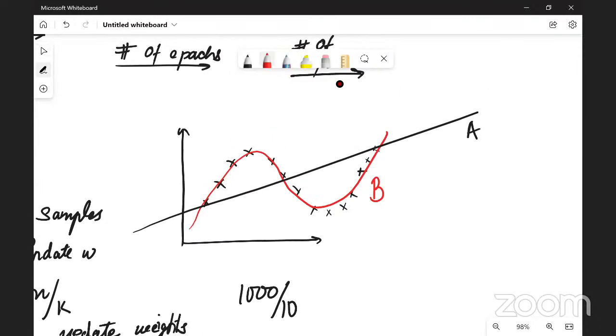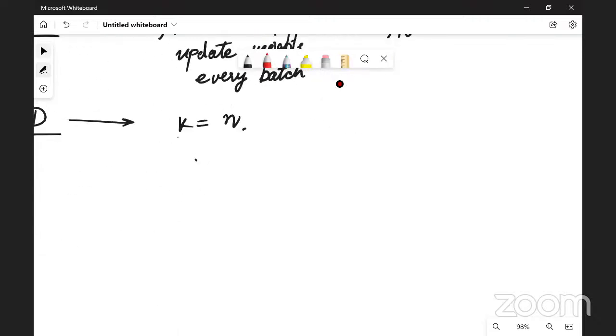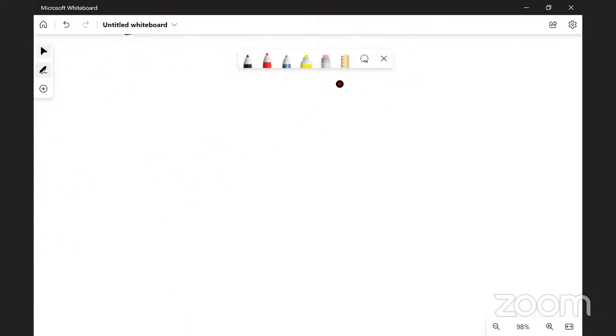So now what we want to do is, if the data itself has a non-linear relationship, then we need to make our model more complex so that it can capture these non-linear relationships. For that, we use polynomial regression.